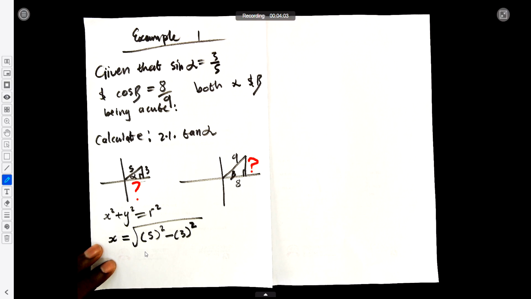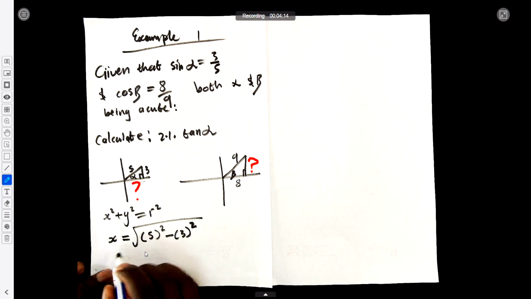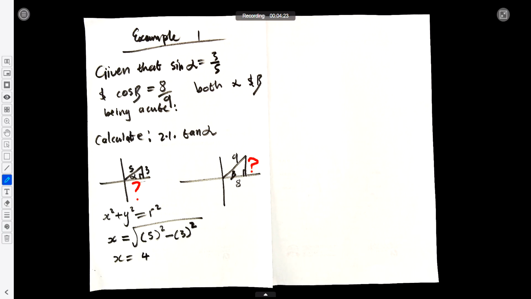Calculating the unknown side, the adjacent of the angle alpha, I have 25 minus 9, so root 16, which is 4. Done finding the unknown side there.